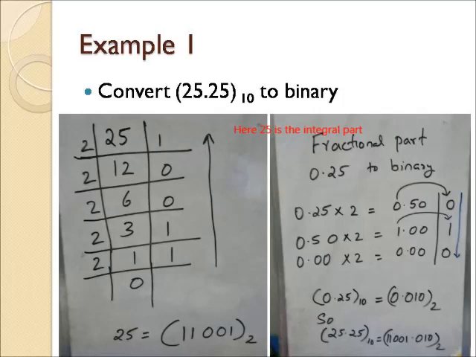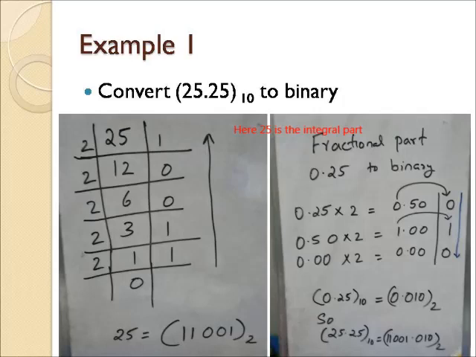So 0.25 to the base 10 can be written as 0.01. Please note that in the case of the integral part, we were taking the remainders from down to up. Here in the case of the fractional part, we are taking from up to down.